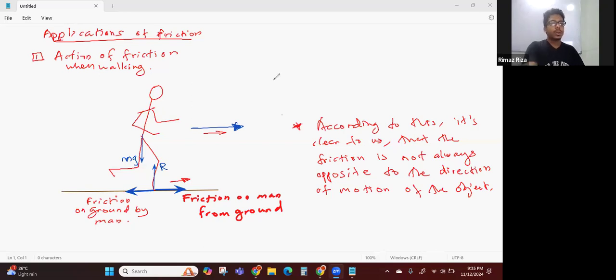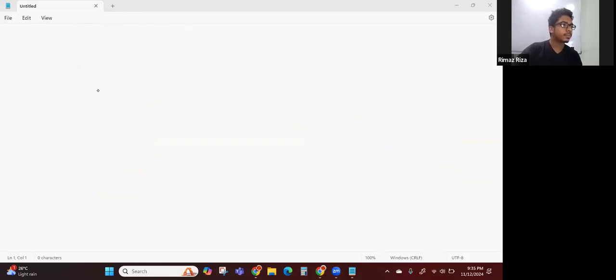Okay, so we'll move on to the next application, the second one: friction acting on a moving vehicle.